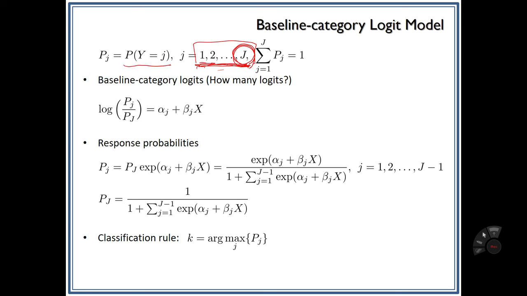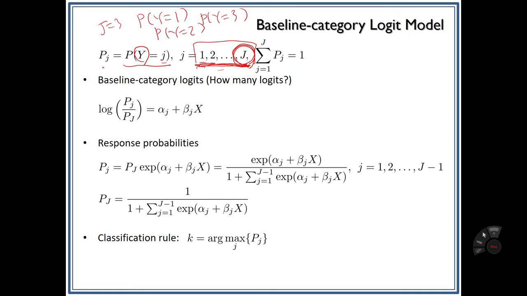Because we have J classes in this logistic regression, we should be able to find the probability that y becomes a class value small j. So if there are 3 classes, we should be able to find the probability of this one, of this one, and of this one.